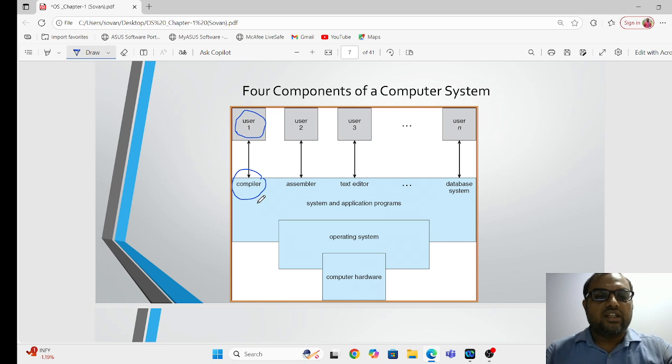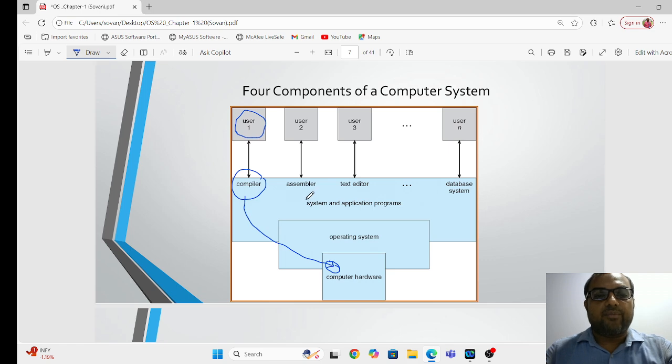This program is called the process. Now suppose this compiler generates one process, and this process wants to access one component of the hardware, that is the CPU.